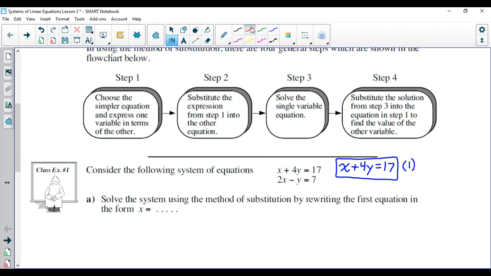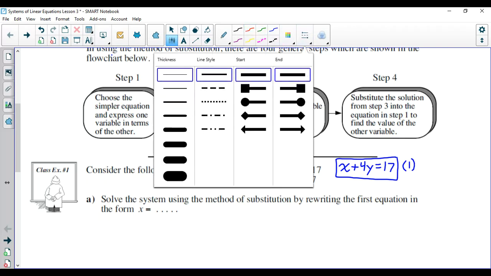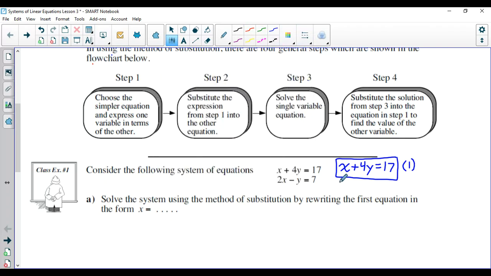Then I'm going to look at the second equation, and I'm going to rewrite it in a different color. So I'm going to say 2x minus y is equal to 7. I'm also going to box this one and number it as equation number 2. So the 1 and the 2 right here are just labels. They have nothing to do with numbers in the actual equations themselves.